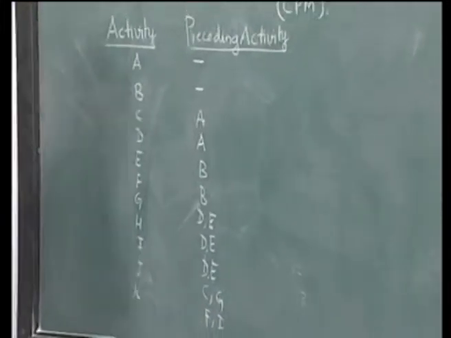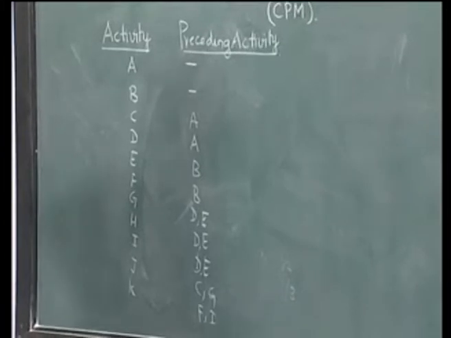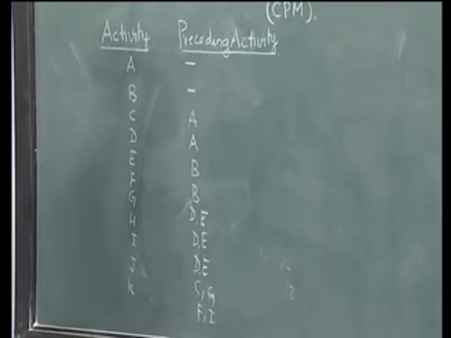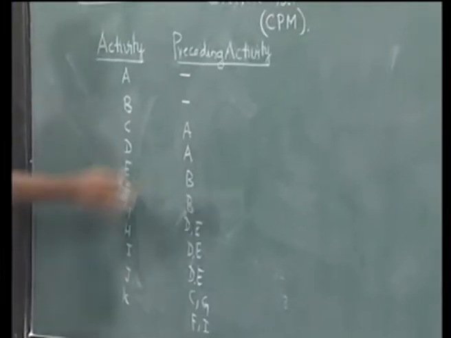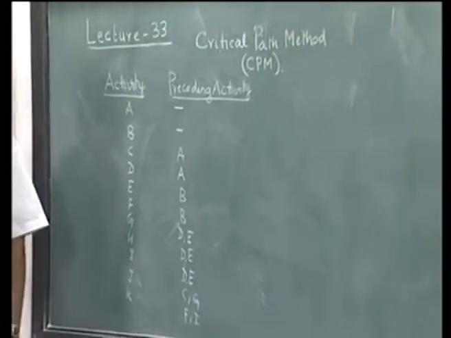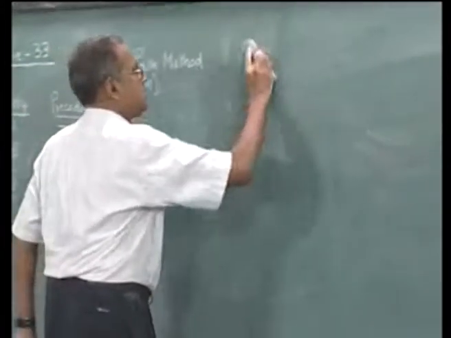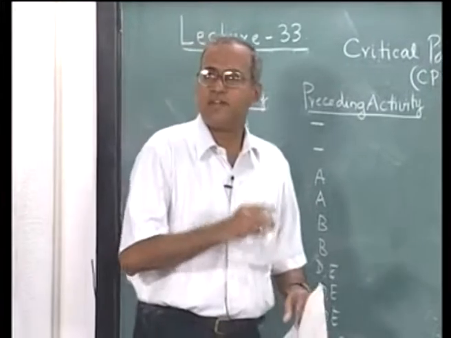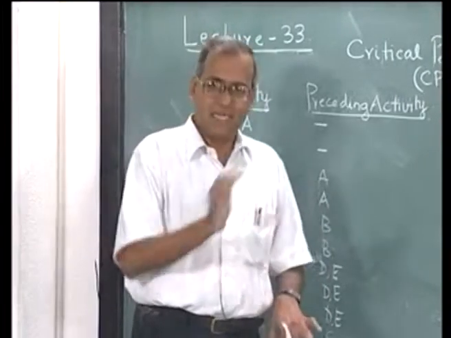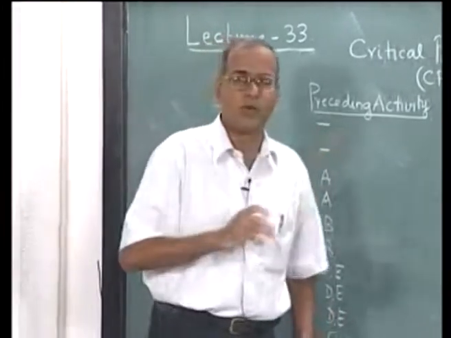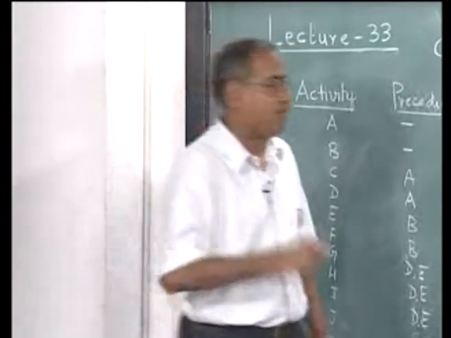So, when we have these kinds of relationships, it is customary to draw a network that captures these relationships among the activities. So, let us first draw a network representation of this data. Now, we are going to define an activity and an event. First, let us draw this network and then we will start defining them.